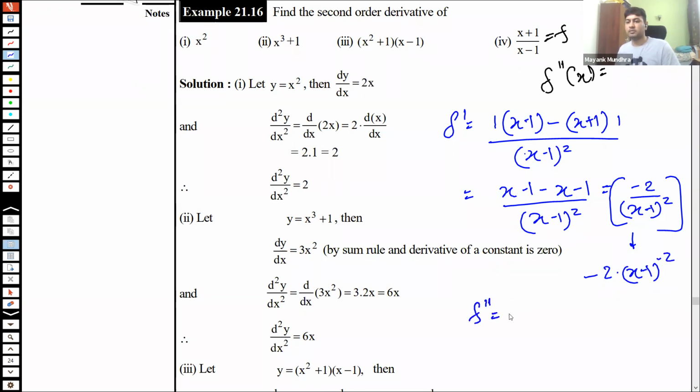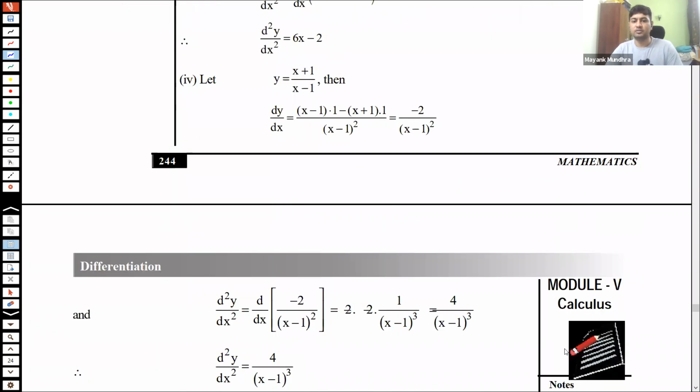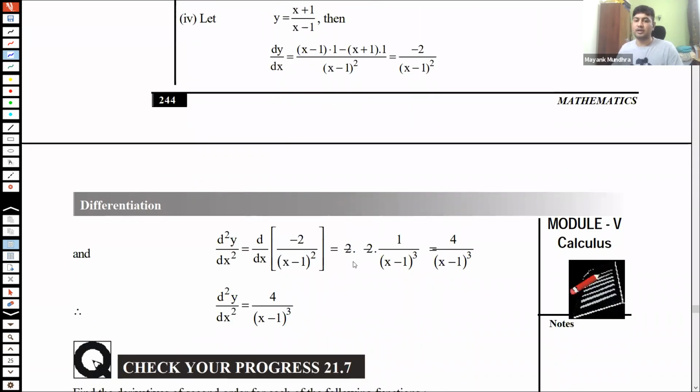So f double prime becomes minus 4 times (x minus 1) to the power minus 3, into, not minus 2, into minus 2 becomes plus 4, into differentiation of x minus 1, which is equal to 1. So that is 4 by (x minus 1) whole cube. Okay, so yeah, that is the answer: 4 by (x minus 1) cube.